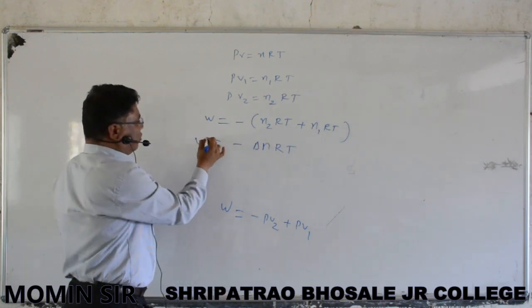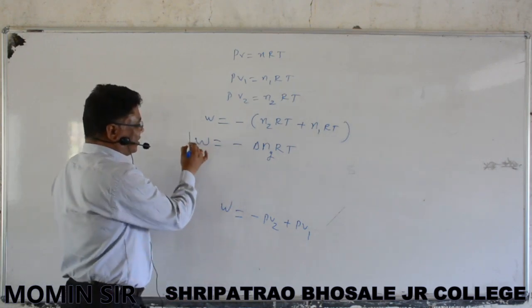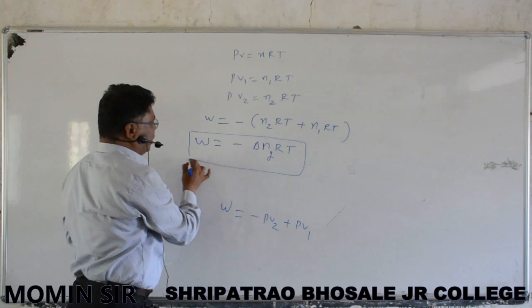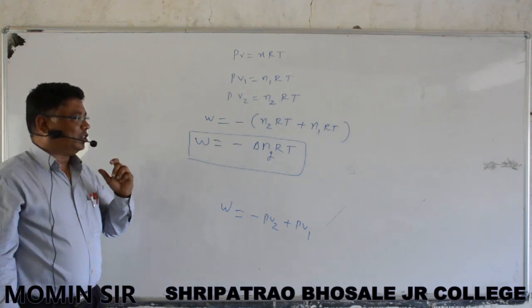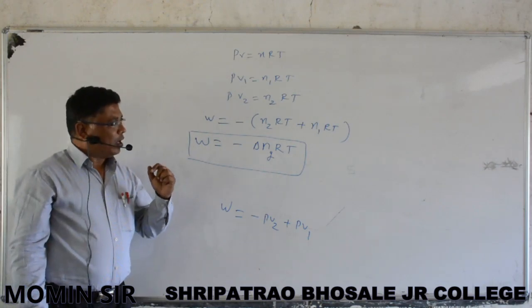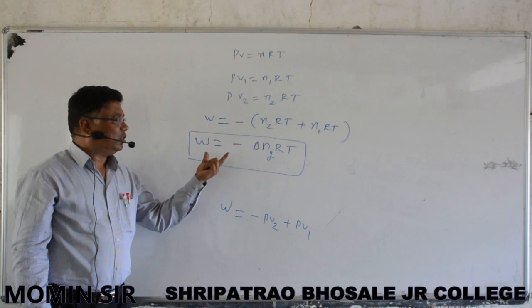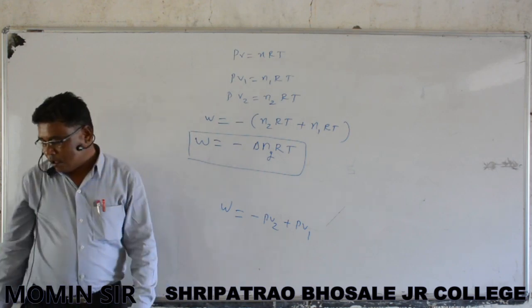That's why W is equal to minus delta N RT gaseous. So this is the equation for work done in a chemical reaction in which gaseous reactants and products are there. Then work done is calculated by using this formula.